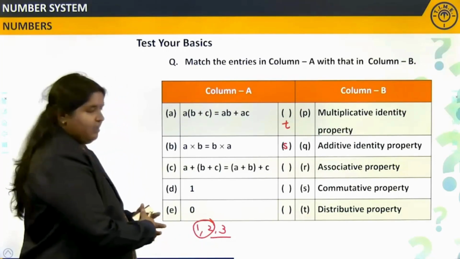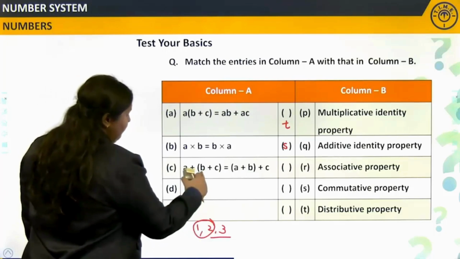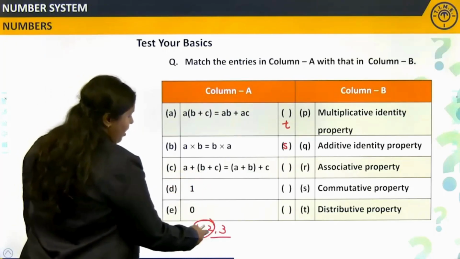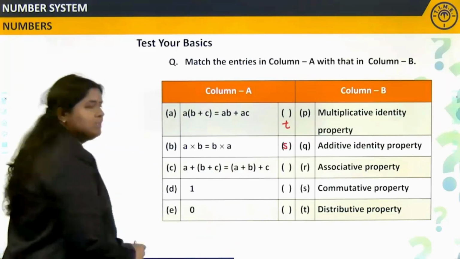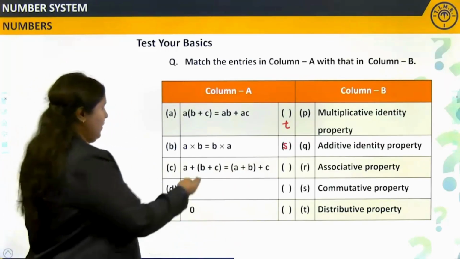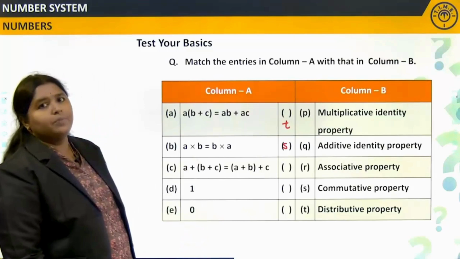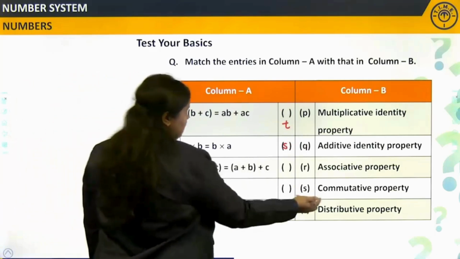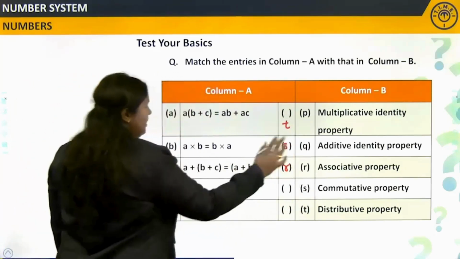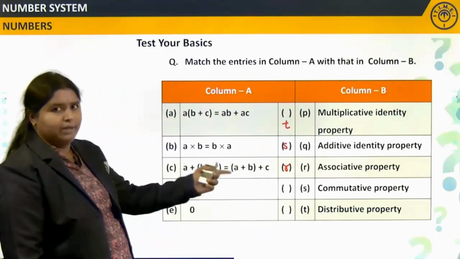Either way, whether you add 2 and 3 first and then add to 1, or you add 1 and 2 first and then add to 3, whatever you do, the answer is 6. What property is this? Associative property under addition. Is it present among the choices? Yes. R is the correct answer. They are already in the correct order, matching.